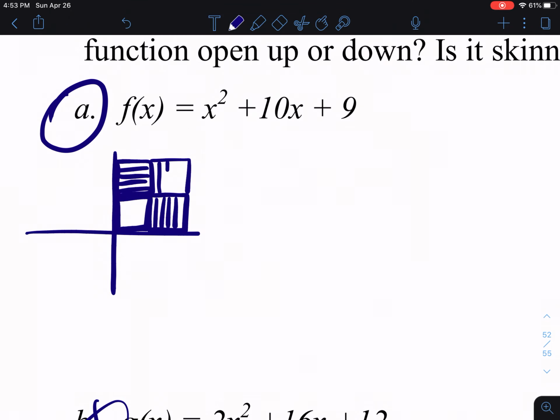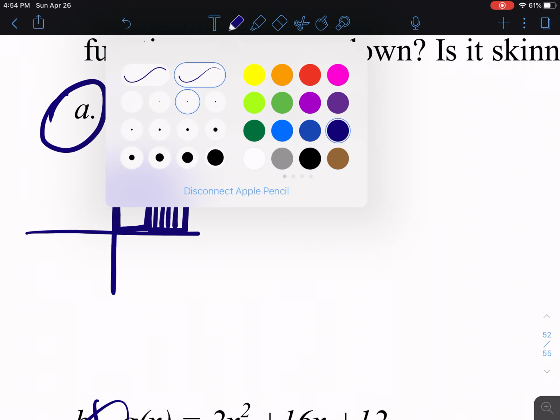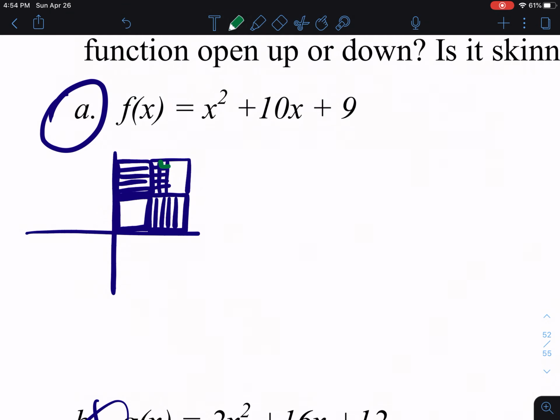So we have 9, but we don't have enough. We still need this one, and we need all of these. Okay, we need all of those.